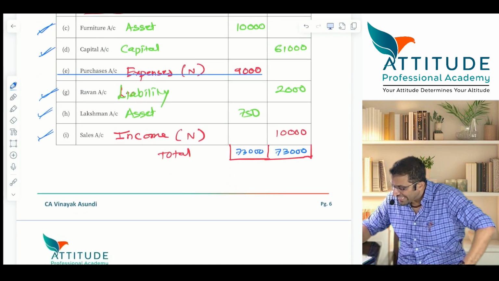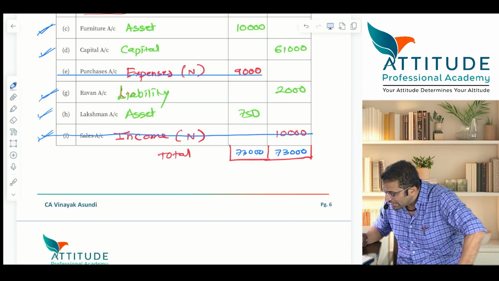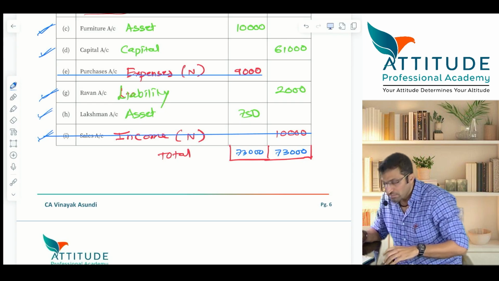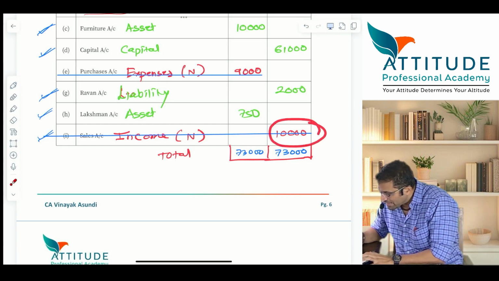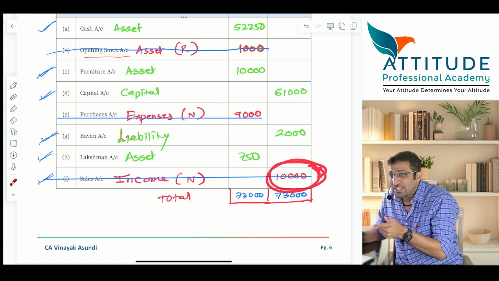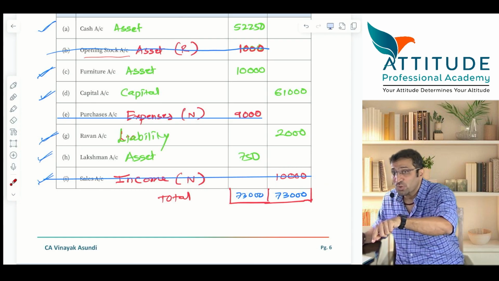Okay. Which is the next nominal account? Sales. Shall we close sales account also? Tell me the entry. Now answer this: sales account is showing what balance? If it has to get closed, sales account should be debited and some other account should get credited.